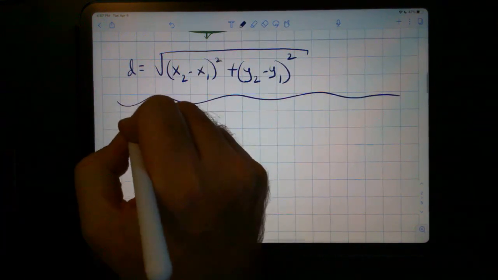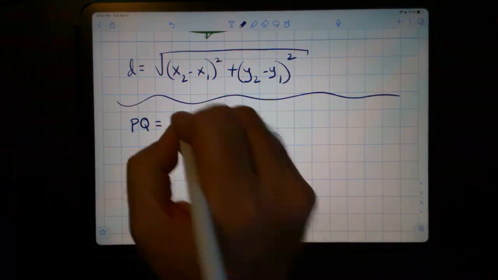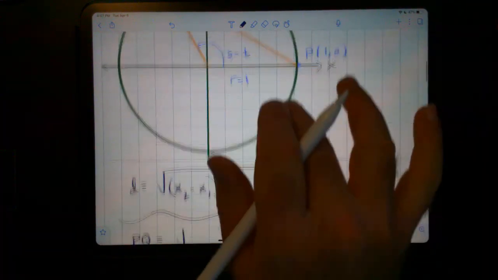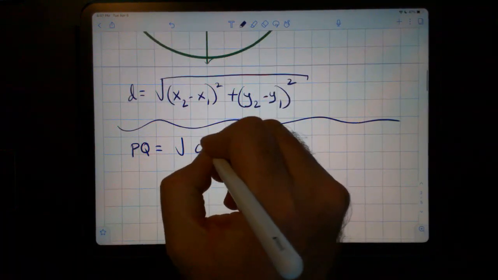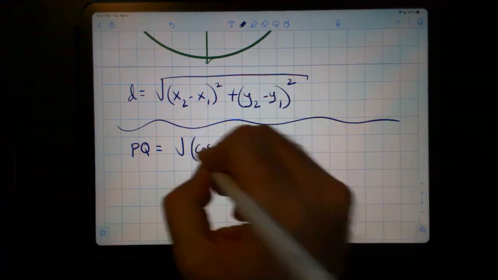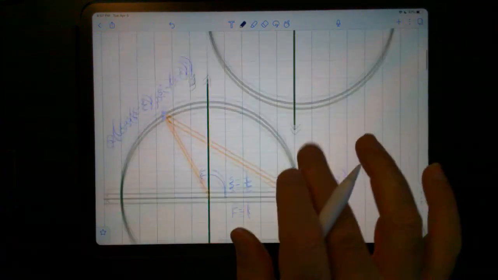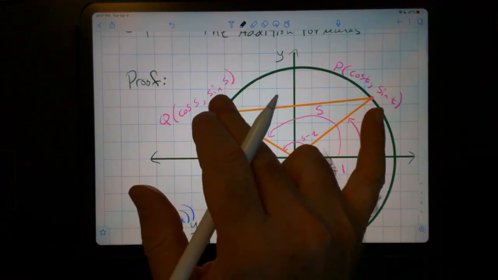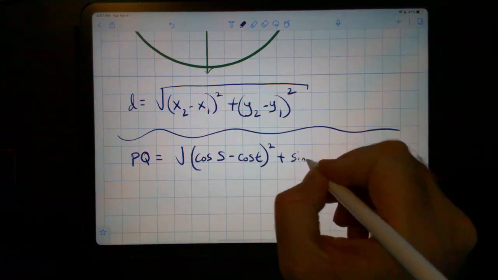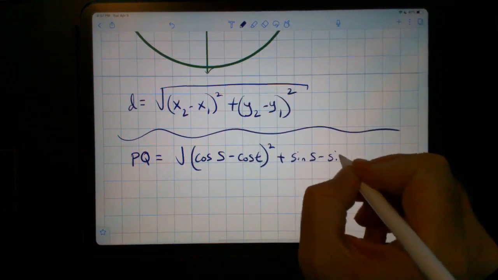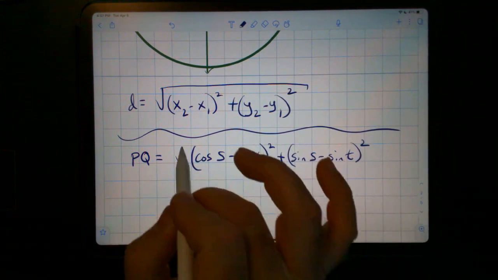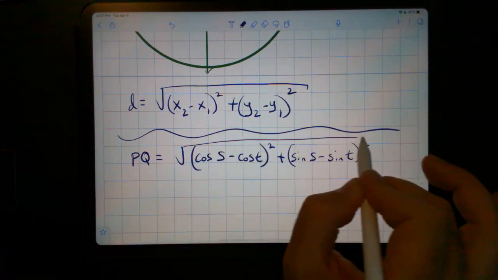So we have PQ is equal to the square root of the difference in the x values, cosine S minus cosine T, all of this being squared, plus the difference of your y values, sine S minus sine T, and all of this is being squared, and the square root of all of that.